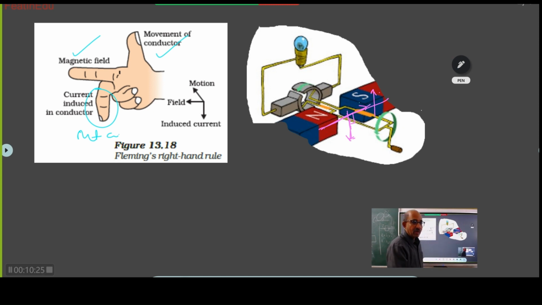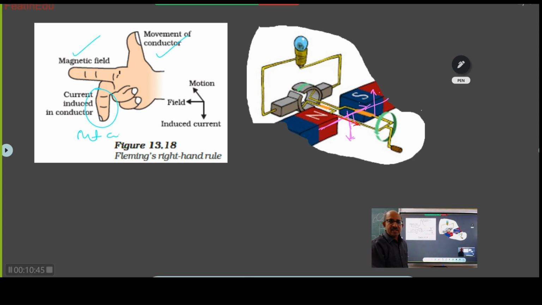Now apply the right hand rule. The magnetic field is like this and the motion is down. So this is the direction of the current, the middle finger. So you will see that the current is going in this direction.